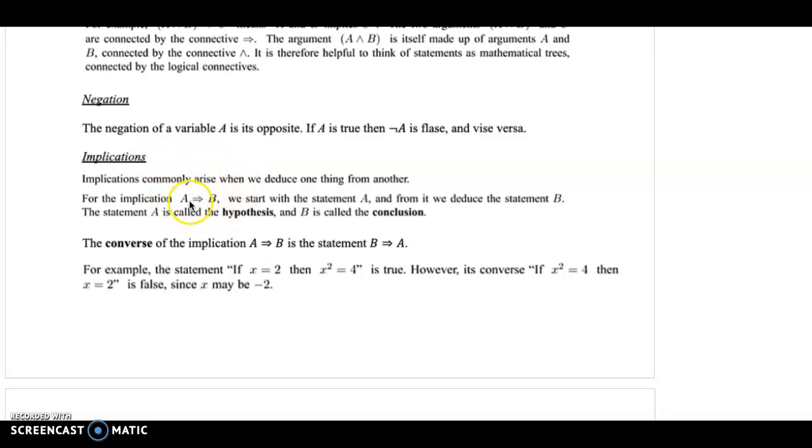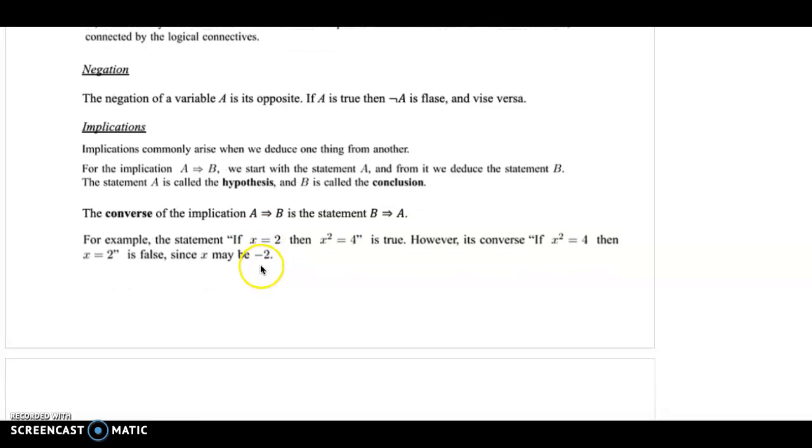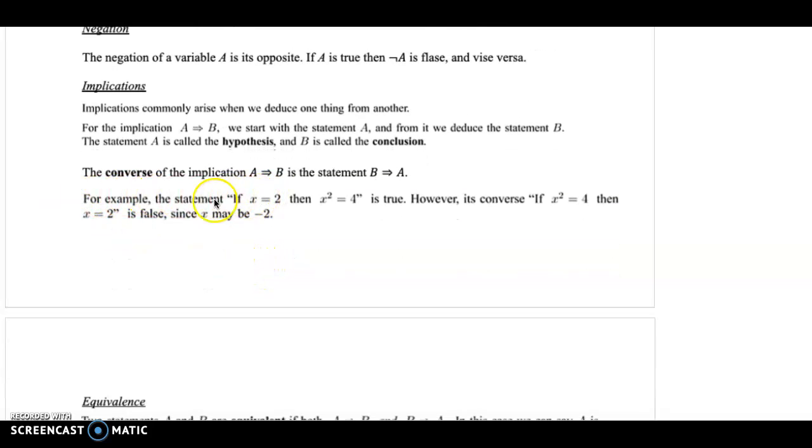Implication is the implication of A implies B. We start with the statement A, and from it we deduce that statement B, right? So statement A is called a hypothesis, and B is our conclusion. The converse is if we switch the two around, B then A, right? Here's an example. If x equals 2, then x squared equals 4. This is true.